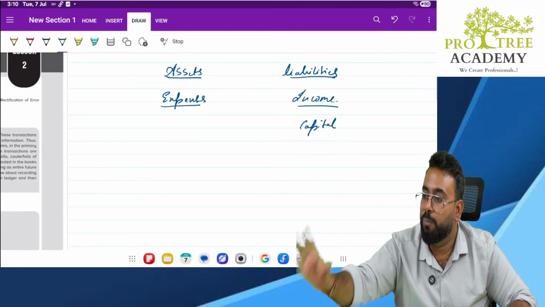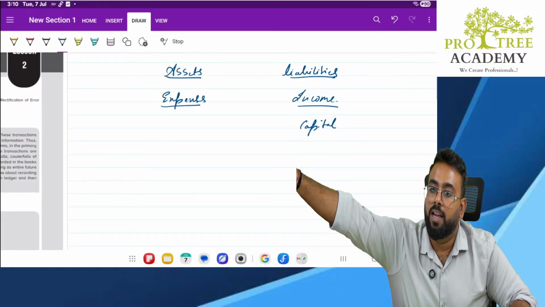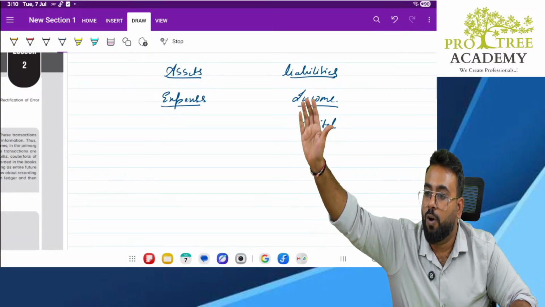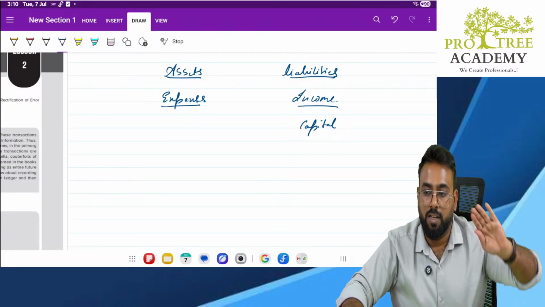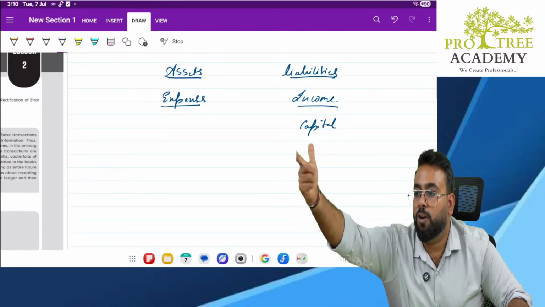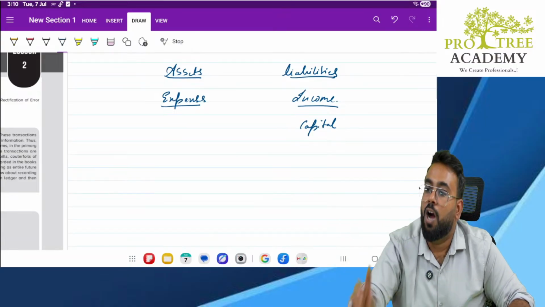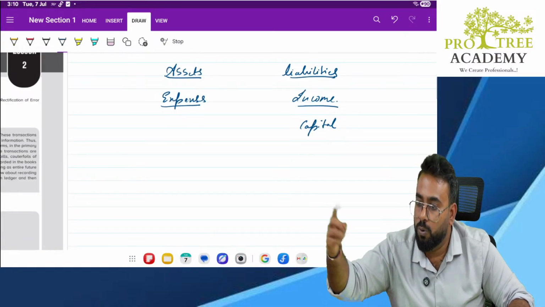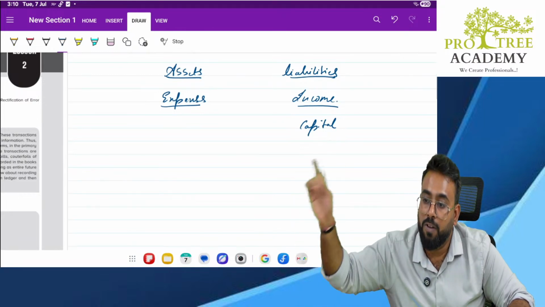So income means inflow of economic benefit, but excludes inflow of economic benefit by way of contribution from the owners. Clear? Now coming to expenses. What are expenses? Outflow of economic benefit, excluding outflow of economic benefit to the shareholders or owners by way of distribution.